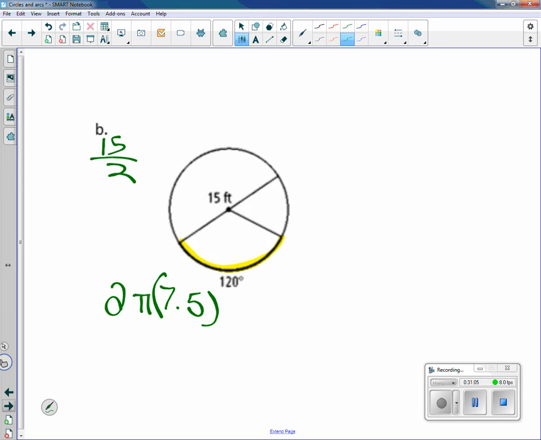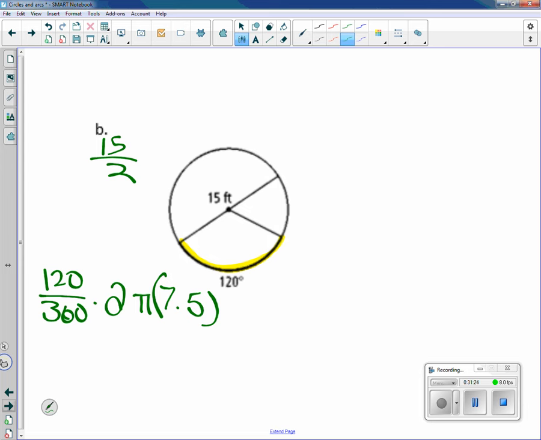Now, are they talking about the whole circle or what degree of the 360? I'm only talking about 120 of the 360. And there's your formula: 120 divided by 360 times 2 times pi times 7.5.